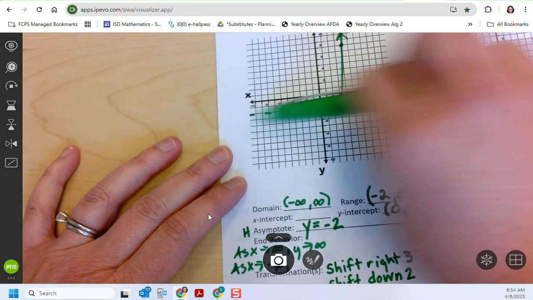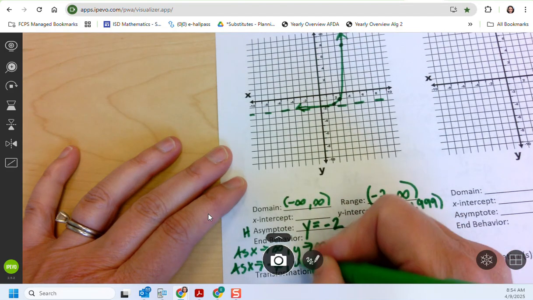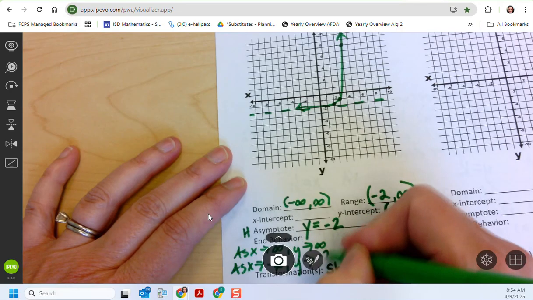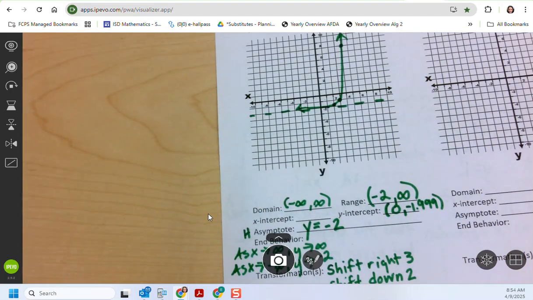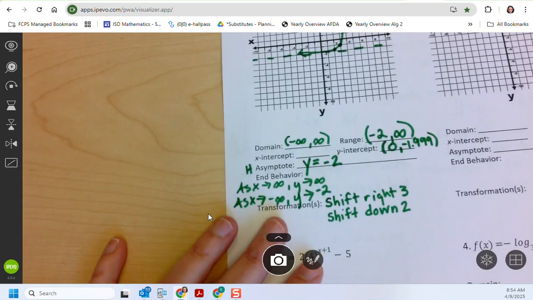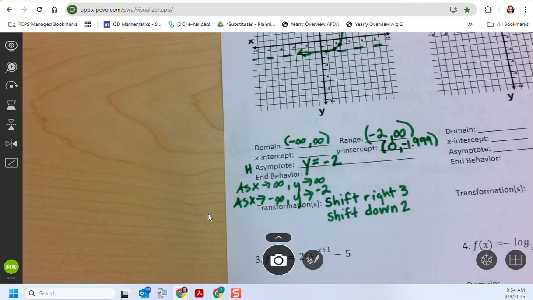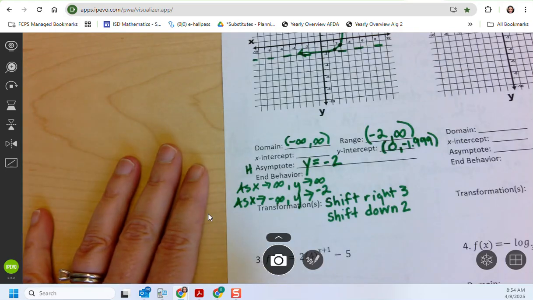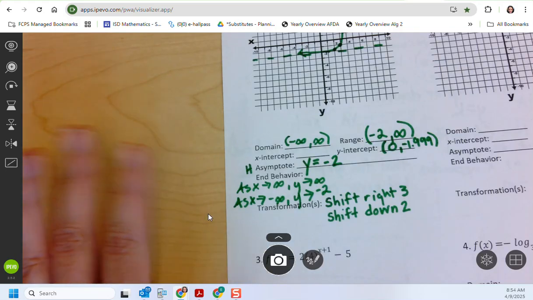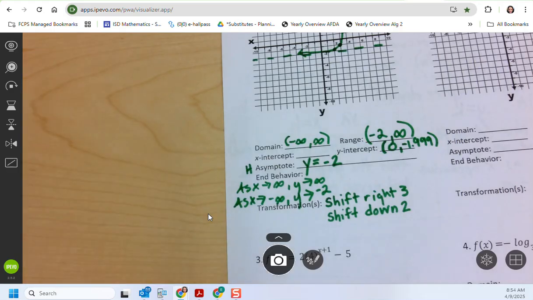So the y is approaching -2. All right, for an exponential function, one of your end behaviors will always be the asymptote. For one of them? Yeah, because the other side will be going up or down. All right, make sure you have this because we're going to do the x-intercept on the calculator and you're going to need to be focused on that. So make sure you're good with this.